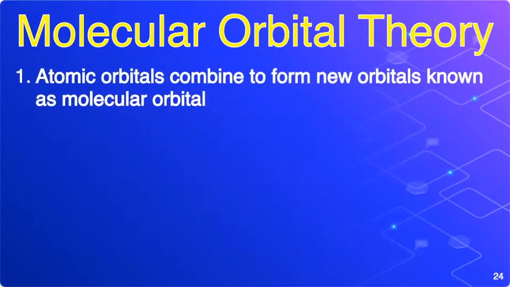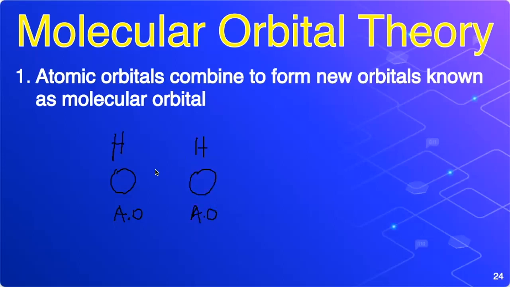First, the atomic orbitals combine to form new orbitals known as molecular orbitals. For example, we have a hydrogen atom. For each hydrogen atom, we have the atomic orbital. This is the shape of the s orbital. It is spherical in shape. So we have two atomic orbitals for the hydrogen atom.